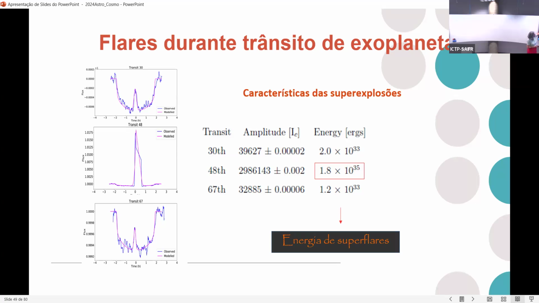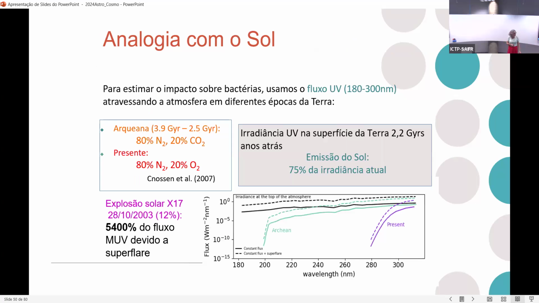So these are 3 flares. This one is a superflare, with 10 to the 35 ergs. The largest solar flares are 10 to the 32 ergs. And here is the Archean atmosphere, 80% nitrogen, and this is the modern Earth, 80% nitrogen. And then the difference is here. The Archean one was 20% CO2. The modern one is 20% oxygen.